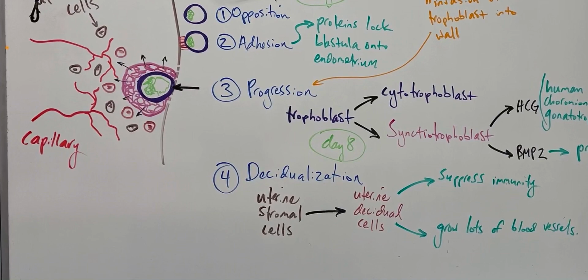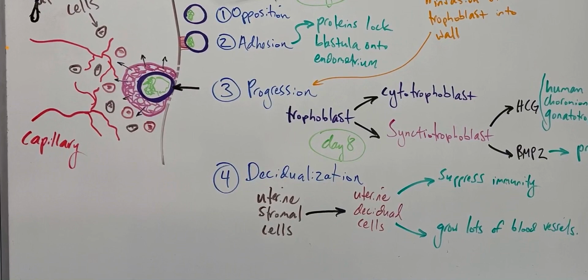So that's the job of the uterine decidual cells, to suppress the immune system. In addition, these decidual cells promote the growth of lots more blood vessels, which will grow towards the developing embryo to deliver nutrients to ultimately help with the development of the embryo.